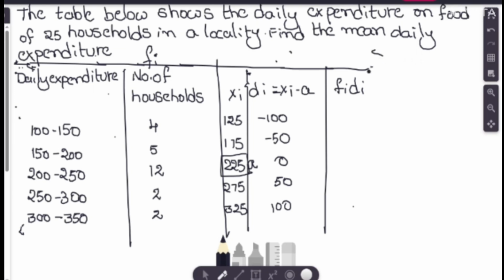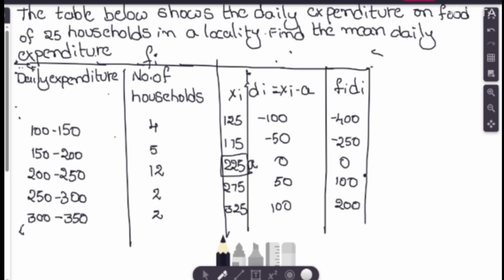See here, frequency is 4. 4 into minus 100 is minus 400. 5 into minus 50 is minus 250. 12 zeros are 0. 2 fives are 100. 2 into 100 is 200.